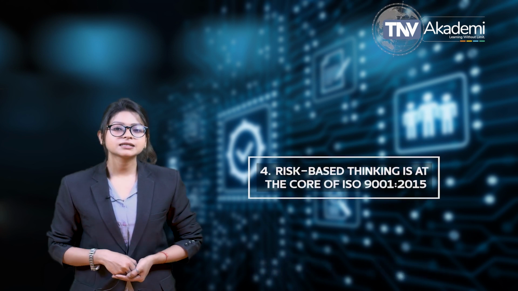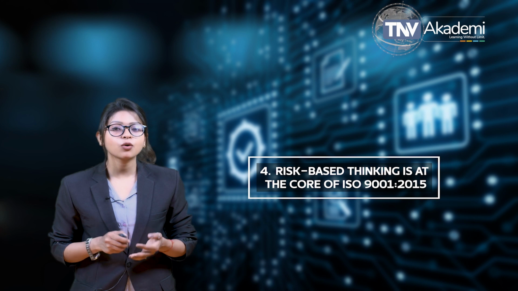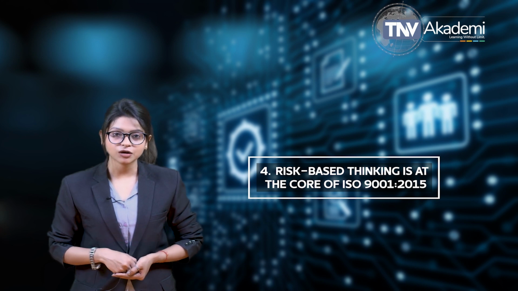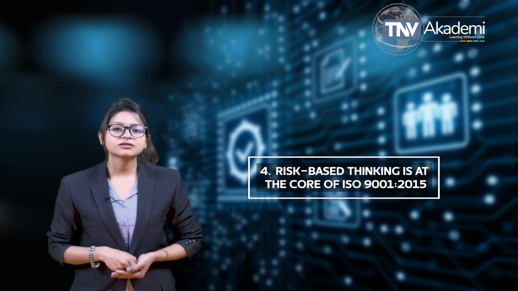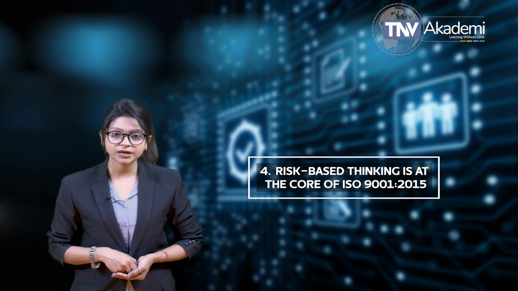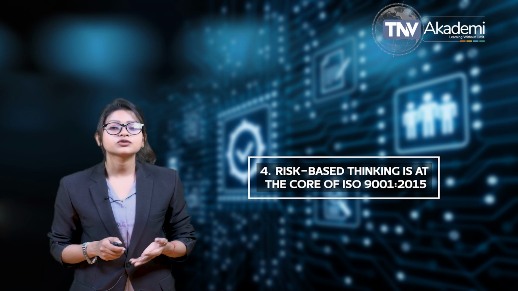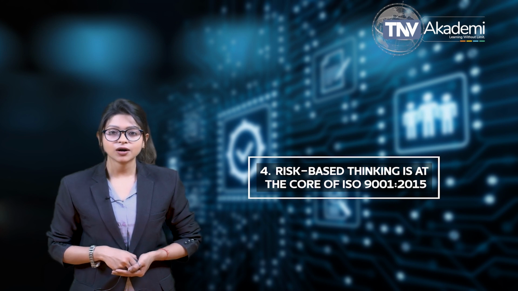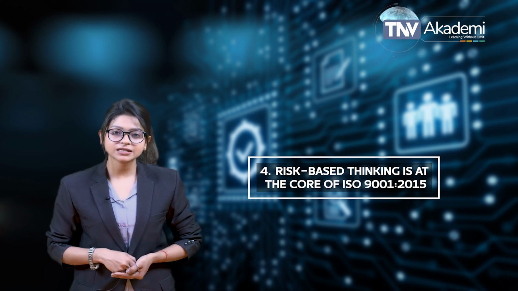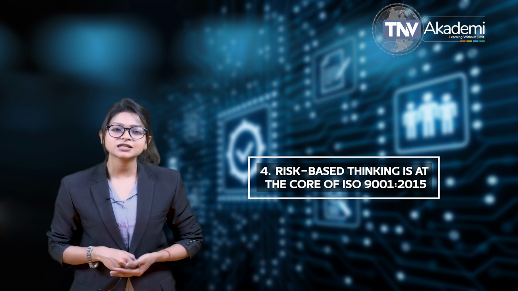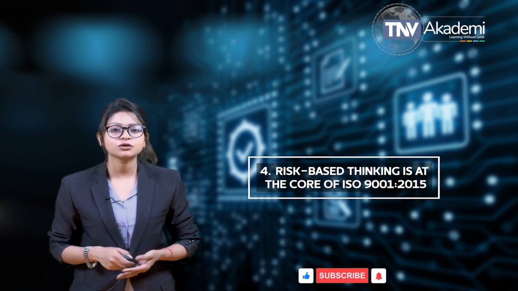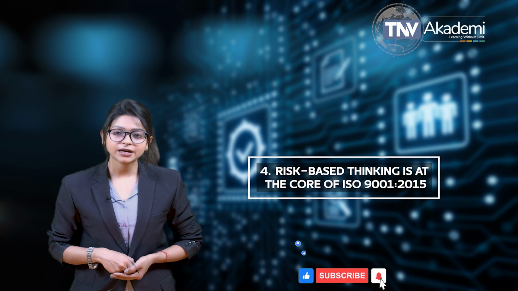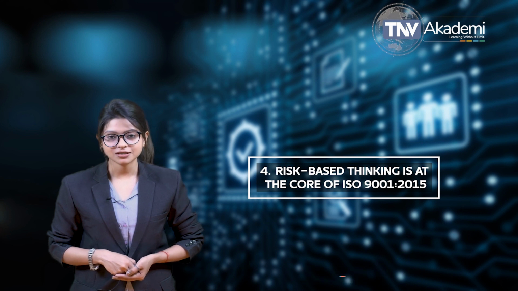The fourth one is risk-based thinking at the core of ISO 9001:2015. Risk-based thinking has a very important place in ISO 9001:2015. You are now strongly encouraged as an organization to use risk analysis in order to decide for yourself which challenges you see in the management of your business processes.